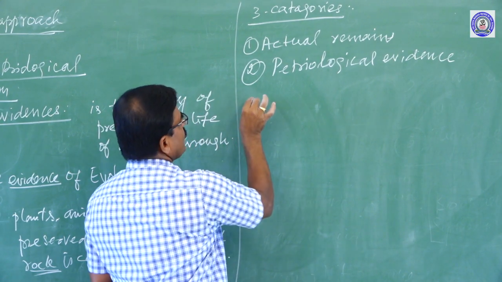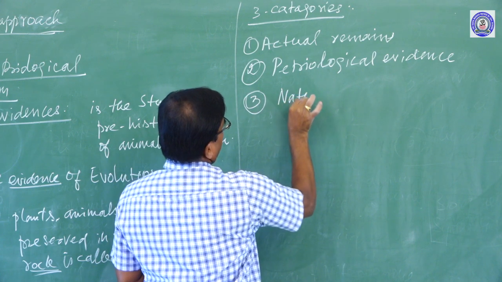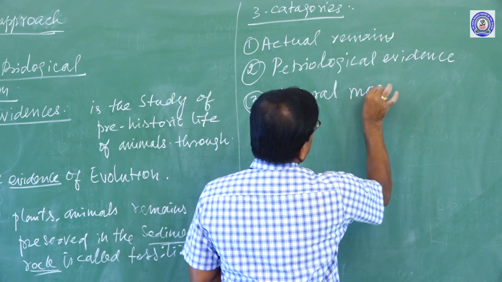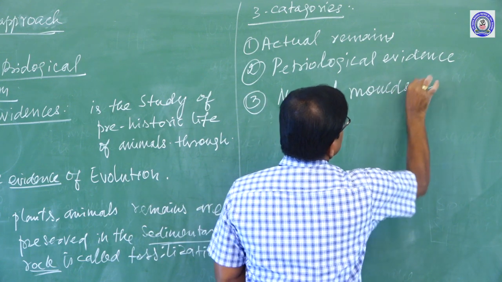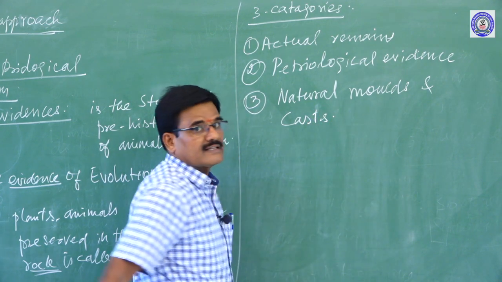Third one is natural molds and casts. These are the three categories.